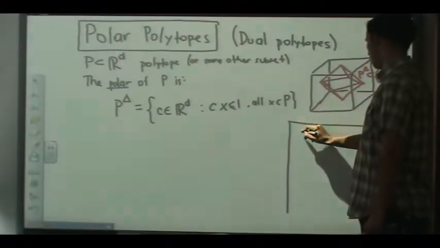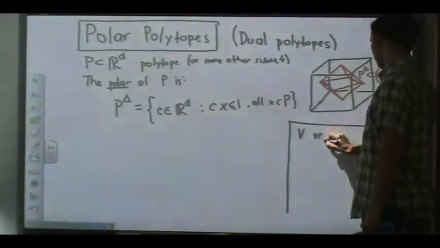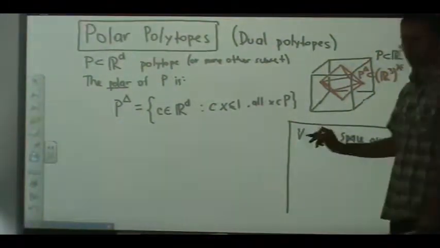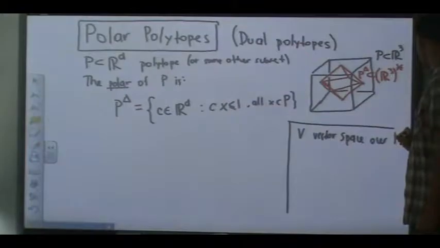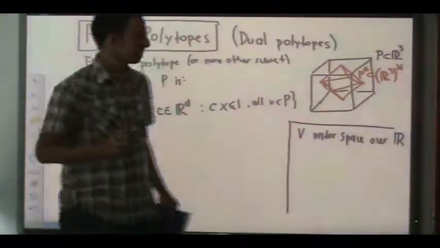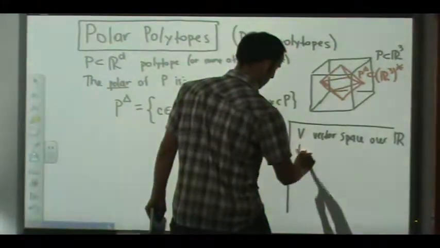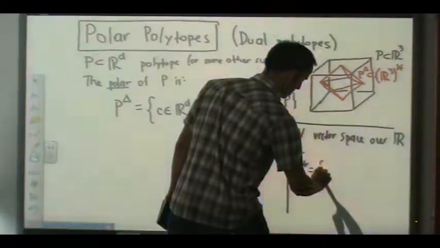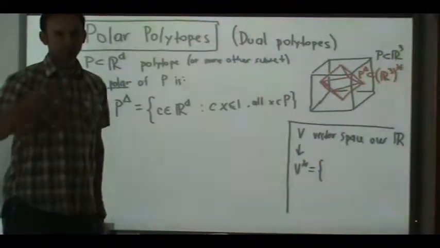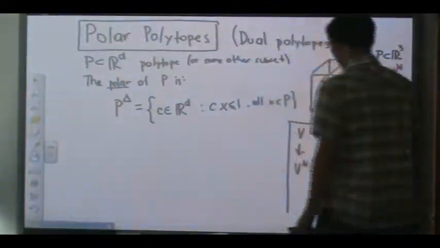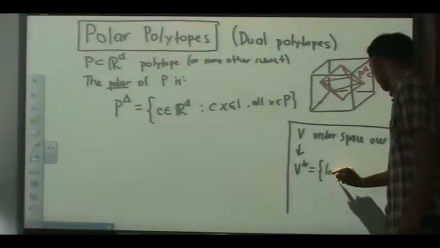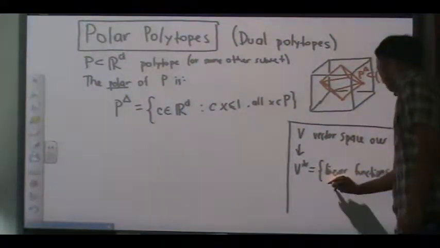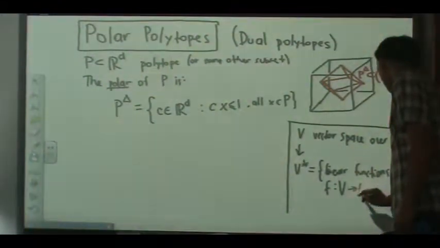If V is a vector space over, we could do this over any field, but we mostly care about the reals, so let's do it with real vector spaces, then there's something called the dual vector space, and this is the space of linear functions f from V to R.